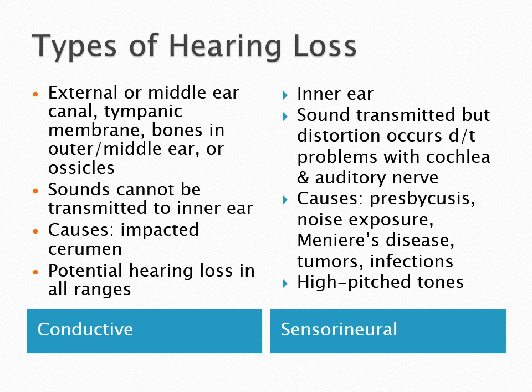Presbycusis is a normal process that occurs with the ears with aging, where they actually do lose some hearing ability. And then it affects the high pitch tones. So sensory neuro, inner ear, primary cause is the presbycusis and noise exposure, versus the conductive of external and middle ear and caused by impacted cerumen.